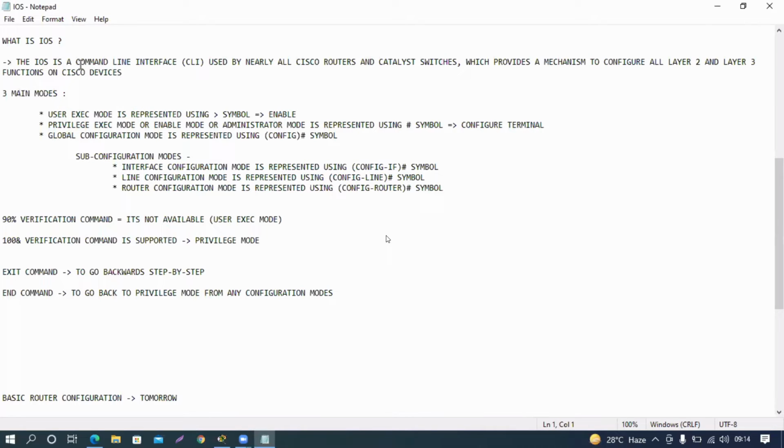First of all, it is a command line interface, that is your CLI, okay, which is basically used in order to configure our Cisco routers and switches. In simple words, it is the operating system, the OS of your Cisco routers and switches.